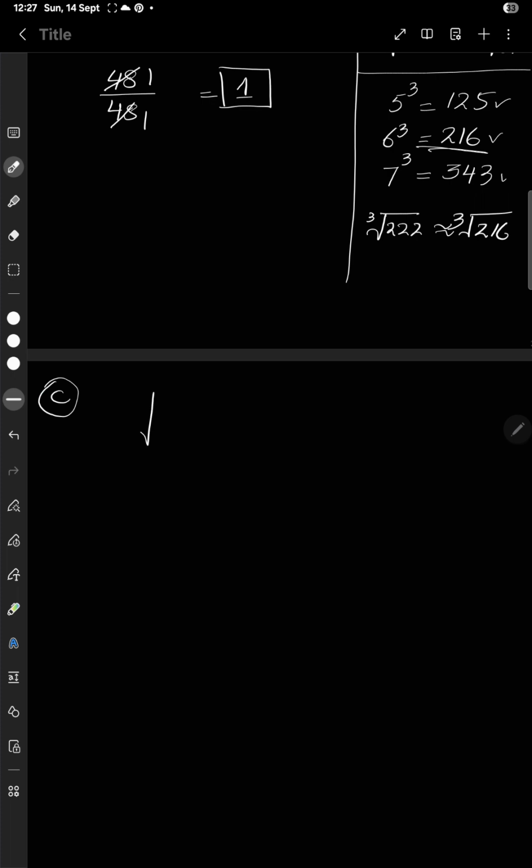And the C part seems difficult, but actually it's not. The C part is 4 cube plus, inside a square root they have another cube root. Tricky one. Okay, they want to scare us. 4913, but we know how to solve this question.